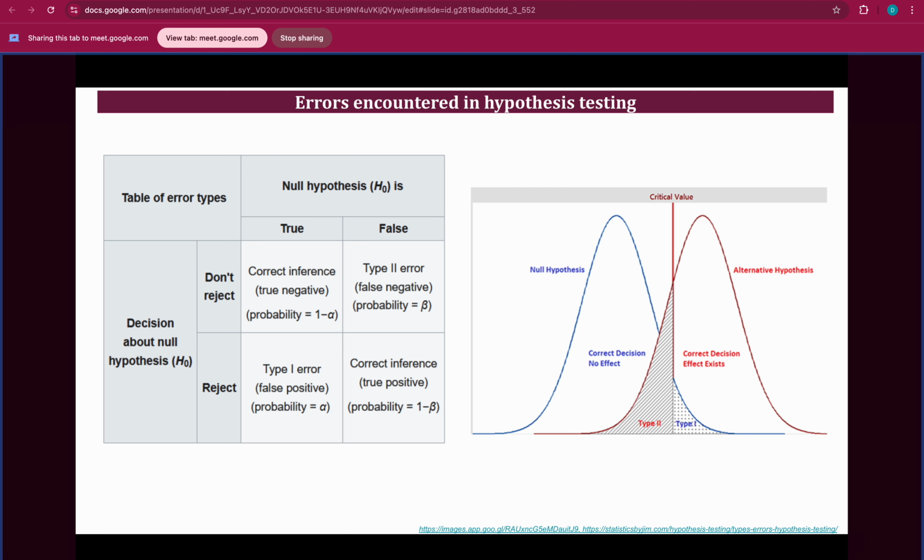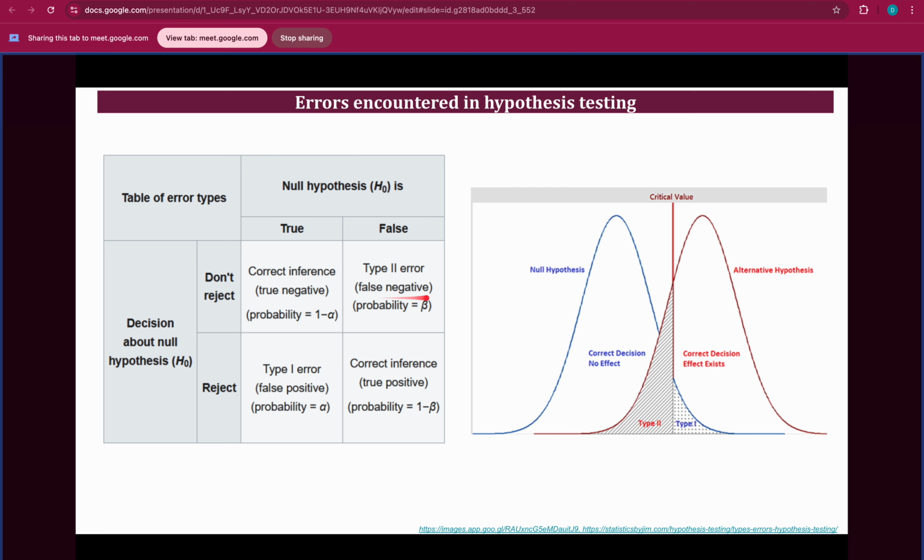But what can happen is that even if the value which is coming is below the critical value, there are chances that it can satisfy the alternate hypothesis. But still you have decided your critical value to be here, so in this case also you will not reject the null hypothesis, and you will accept the null hypothesis, whereas there are chances that your alternate hypothesis could be correct, which can lead to type 2 error. Type 2 errors are also known as false negatives, which means you are terming it as negative but it is not negative.